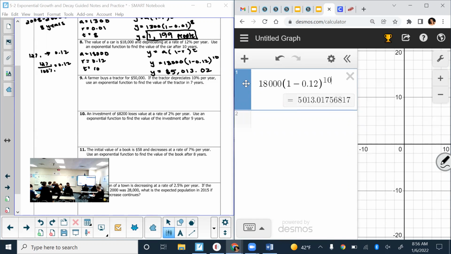All right, good, and we even rounded it correctly. So if you got something different, make sure you fix it. Here's what it should look like in your calculator screen. Any questions?